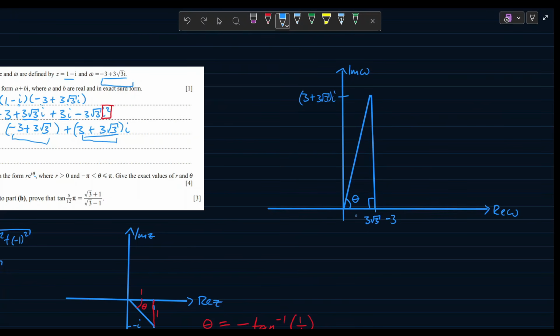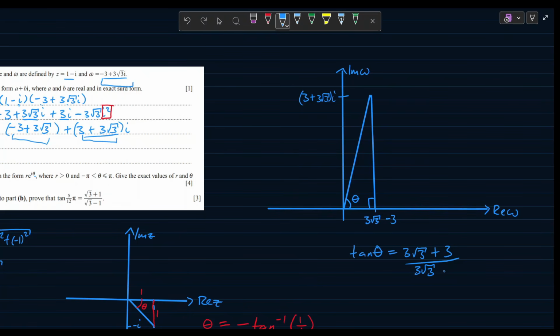We'll call that theta. So tan theta is going to be equal to our opposite, which is the height, 3 plus 3√3. I'll write that in reverse order. So 3√3 plus 3 over the adjacent, which is 3√3 minus 3.